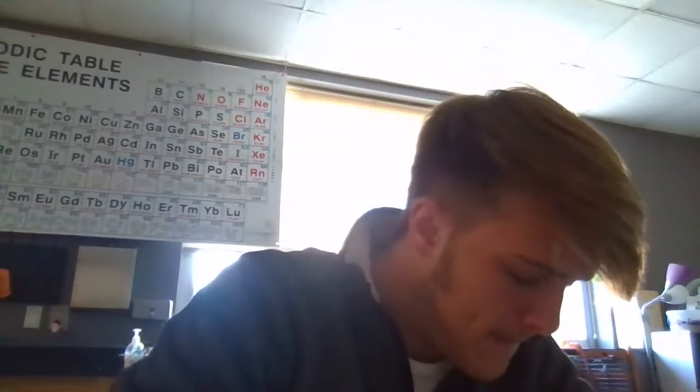So that's the empirical formula. Now I'm going to do this up here. It's a little bit of work, but it's not hard. My empirical formula is CH2O. What's the mass of that? 12 plus 2 plus 16 is 30.